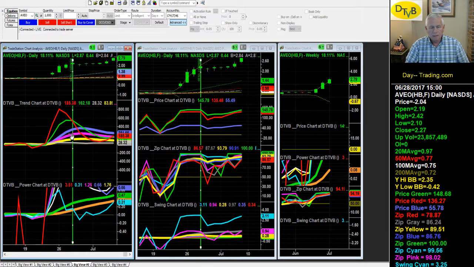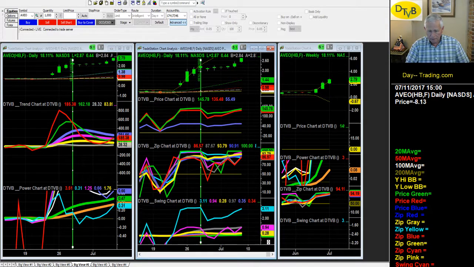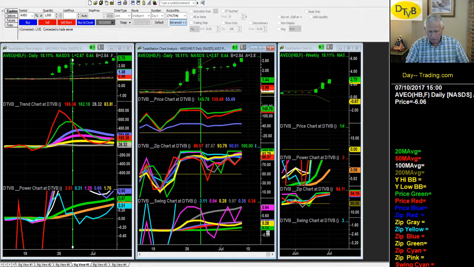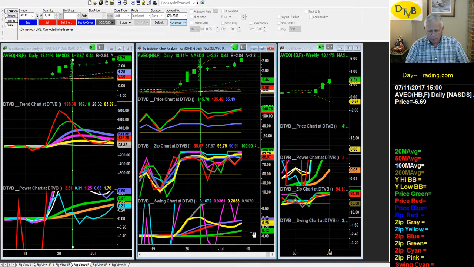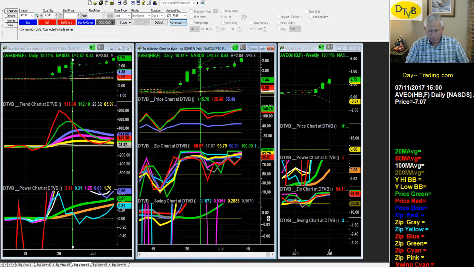But again, we know that our trend trio is going up. The power green and orange are going up. Zion is going up in the swing chart, and if I pull these apart, I can see the red's going up significantly. Green seems pretty flat, but no, green is going up too.